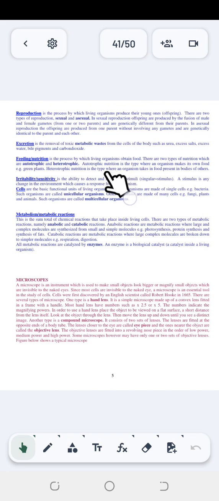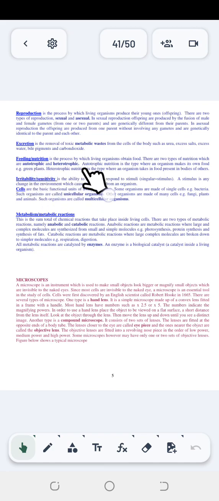When we eat chicken, we eat vegetables, that is heterotrophic nutrition. An example of heterotrophic nutrition is holozoic nutrition, which is feeding on other organisms, which is already made food, carried out by human beings and other animals.